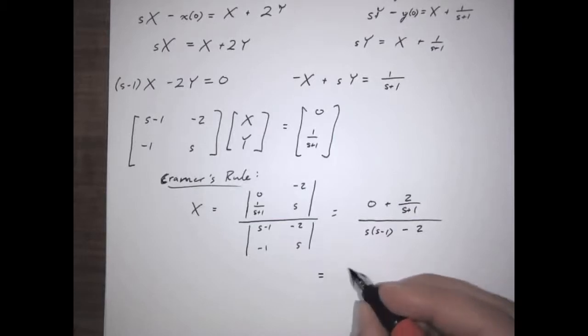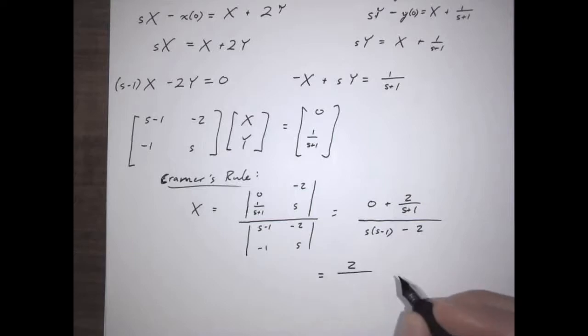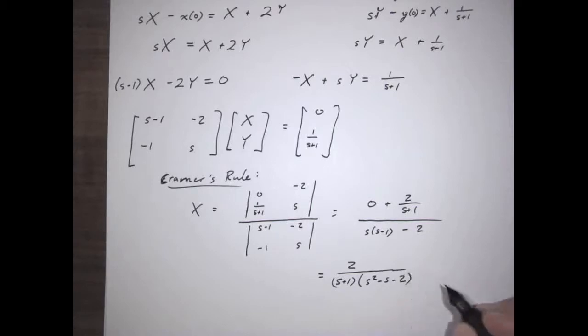So that's going to equal 2 over (s plus 1) times (s squared minus s minus 2), which is going to equal 2 over (s plus 1) squared times (s minus 2).